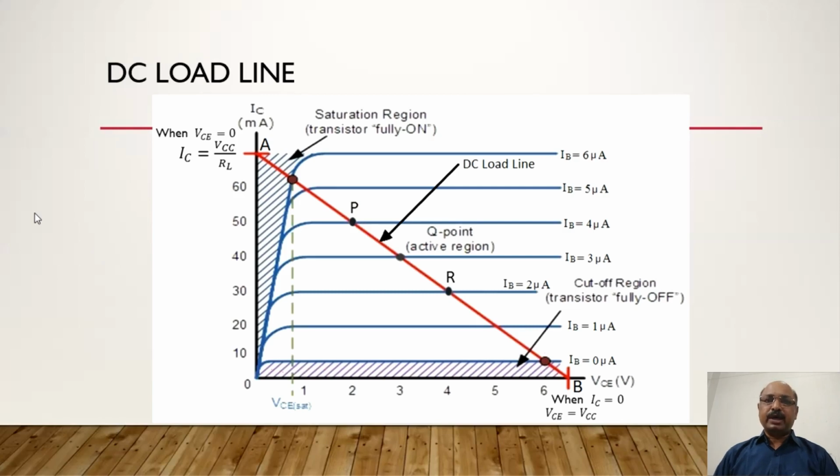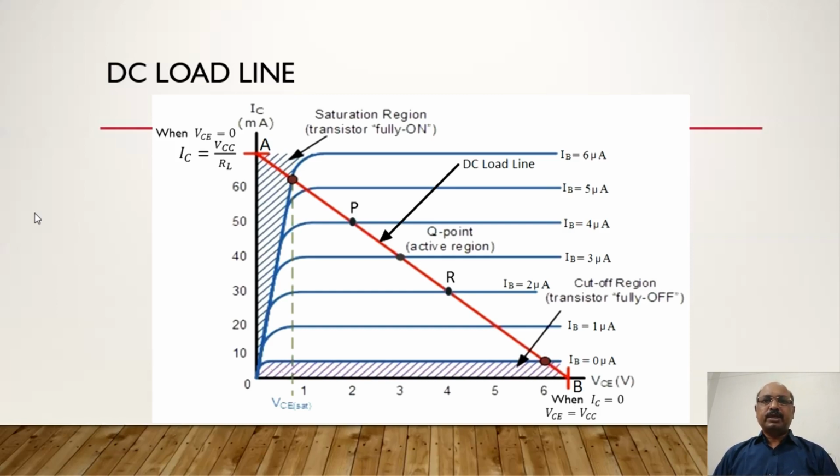Now look at this figure. This is the output characteristics for the common emitter configuration, in which collector current IC is plotted against collector to emitter voltage, that is VCE, for different constant base currents. So different output curves are plotted in this graph.